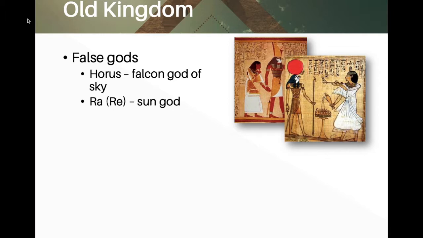He had a falcon head, as you can see there in the representation, with a crown of a sun, which was a large disc on his head, and this sun disc was encircled by a cobra. You can see the head of the cobra sticking out of the sun disk. The cobra's name was Uraeus.